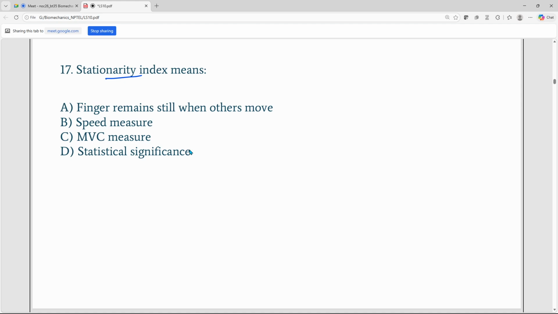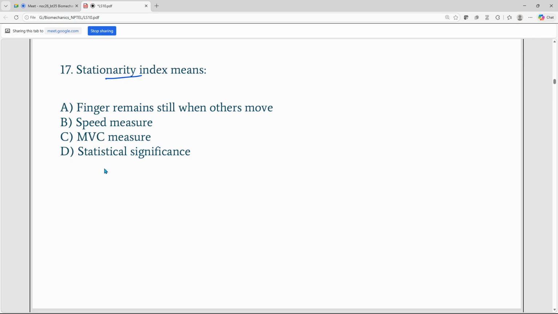Options are: option A, the extent to which a finger remains stationary when other fingers are active. Option B, the measure of how quickly a finger can move. Option C, the index measuring the maximum voluntary contraction.